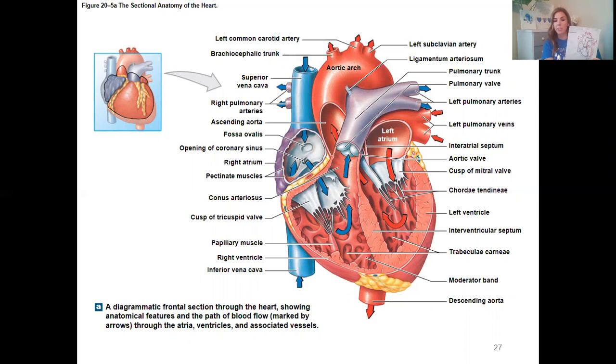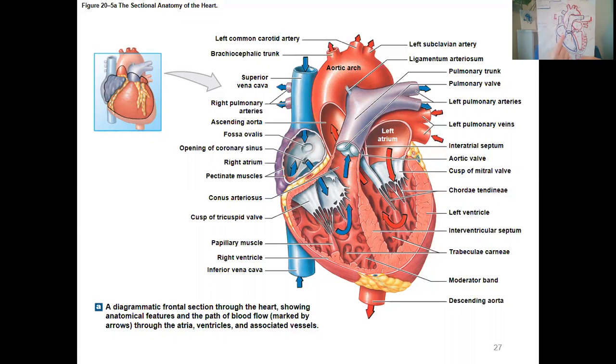On this particular picture right here, you can see a little structure that is labeled the opening of the coronary sinus. So you definitely want to remember that that is also going to drain blood into the right atrium. So SVC, IVC, and coronary sinus allow blood to get into the right atrium. This is deoxygenated blood. SVC, IVC, and then posteriorly coronary sinus all put deoxygenated blood into the right atrium.